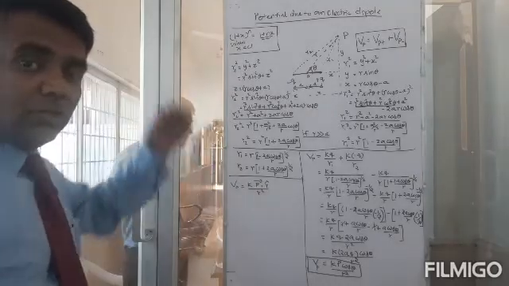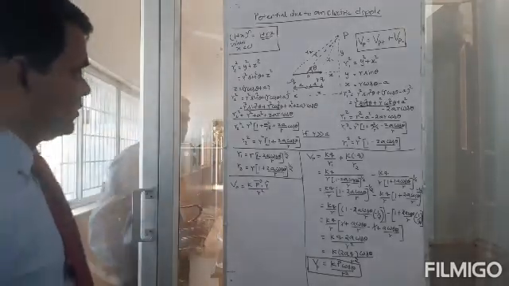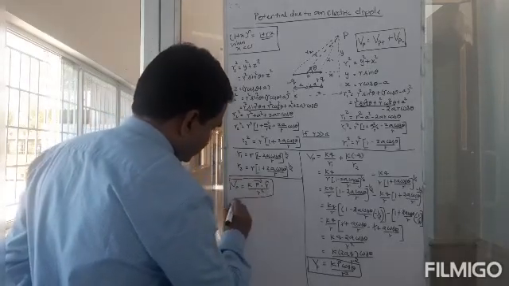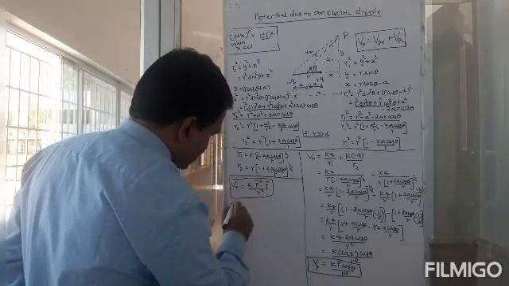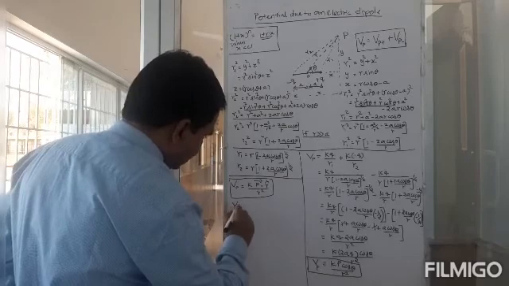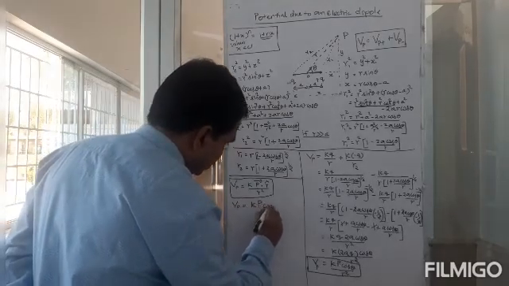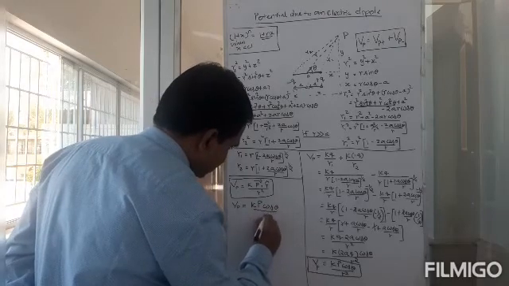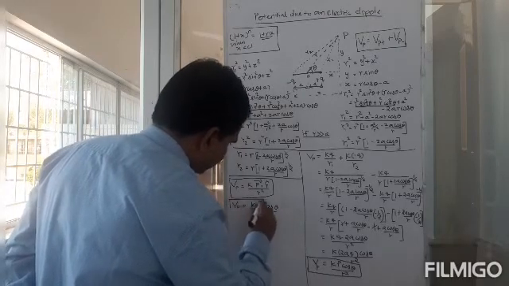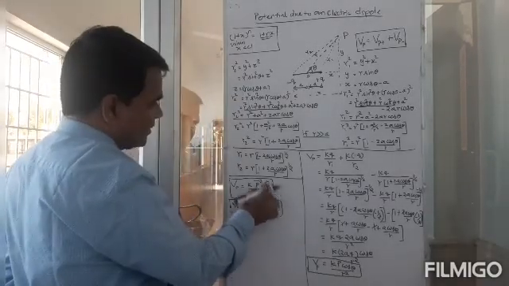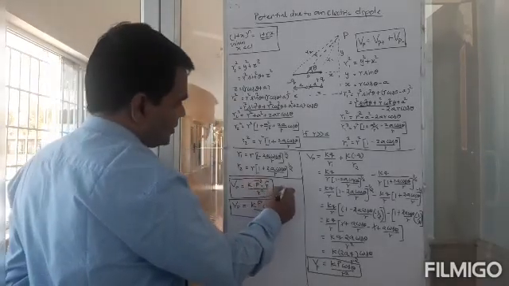Hope you understand this part. So this is the final expression. This is also equal to Vp is equal to k p cos theta by r squared. Same thing. Instead of writing it like this, I am writing it like this. So both are same.